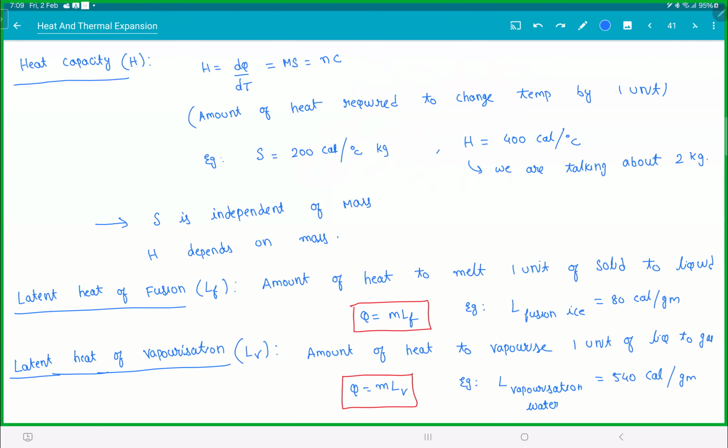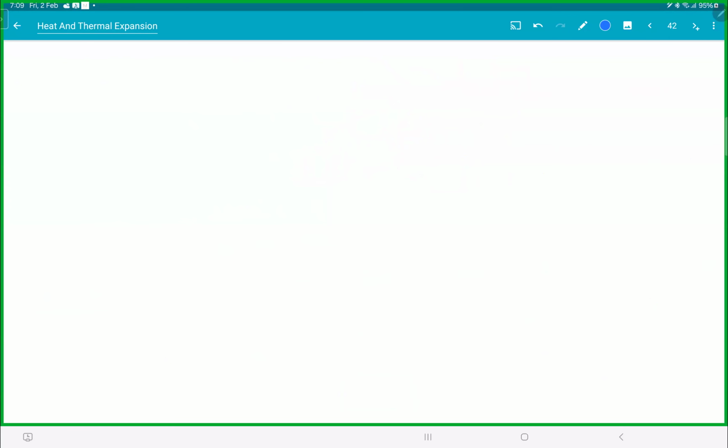Now, let's see, whenever you heat a solid, what exactly happens? So listen to this, this is theoretically a little important. Whenever you have a solid converting to liquid converting to a gas, we call this a phase change. Let's say we have a solid.